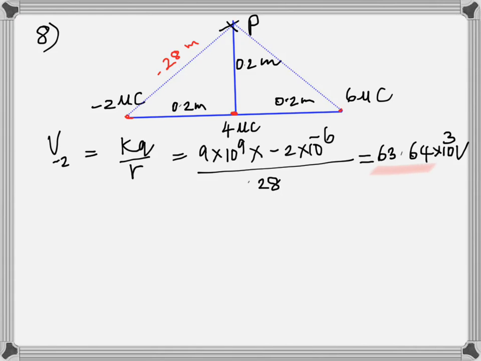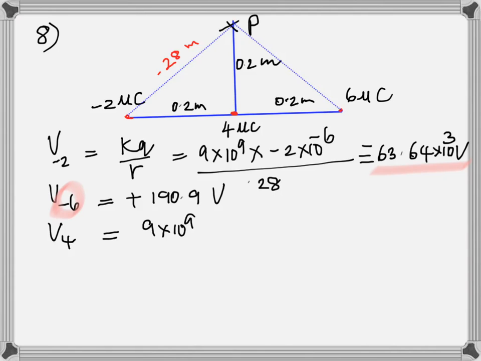So you get 63.64 times 10 to the 3, and do the same thing for, is it negative 6 or positive 6? That's positive. Why did I put negative 6? Okay. Thankfully I did not carry that. So here, that's supposed to be positive. But I didn't make a mistake in the calculation, okay?